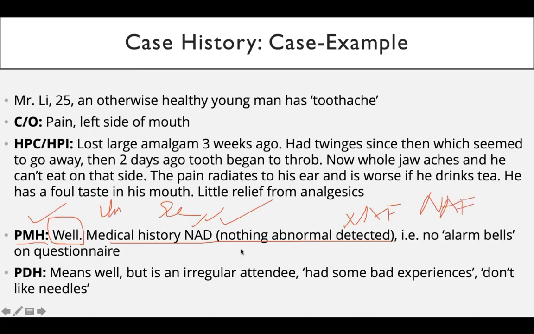Some people like NAF and some like NAD. So no alarm bells on the questionnaire. For past medical history, we had a questionnaire. He looks remarkably well. He did not answer or record any comorbidities, and there is no remarkable medical history to write down.